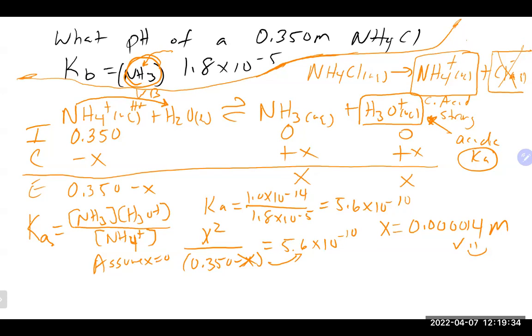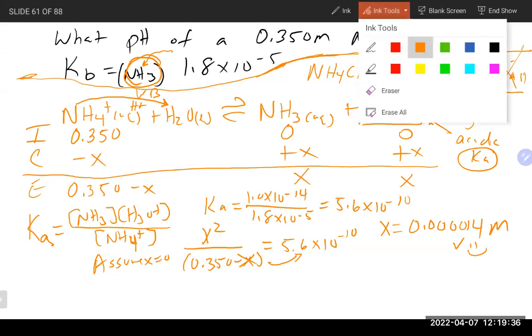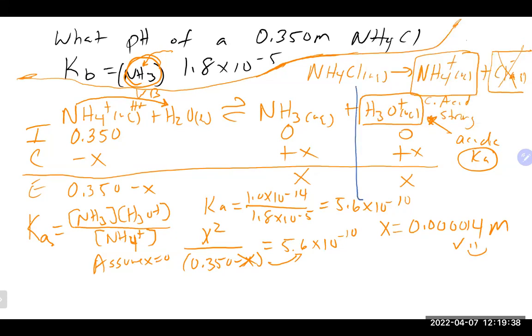Now, unlike the previous ones we did there, when we actually do look at our ice table, if we're not sure, we see that x in this case actually does equal the H3O plus value, which means that this is really the H plus concentration, right?